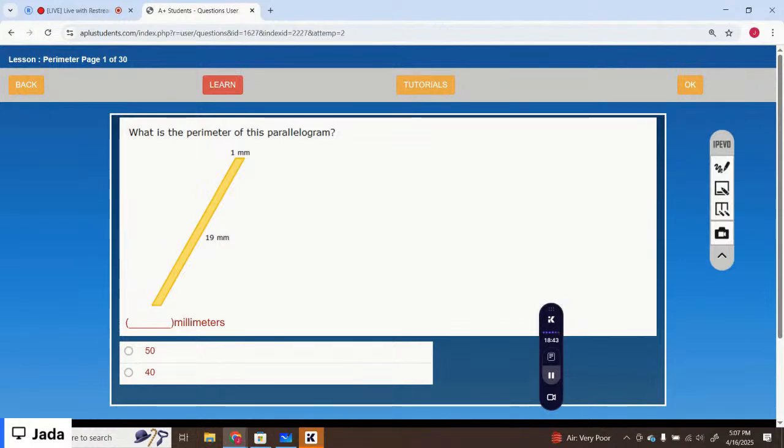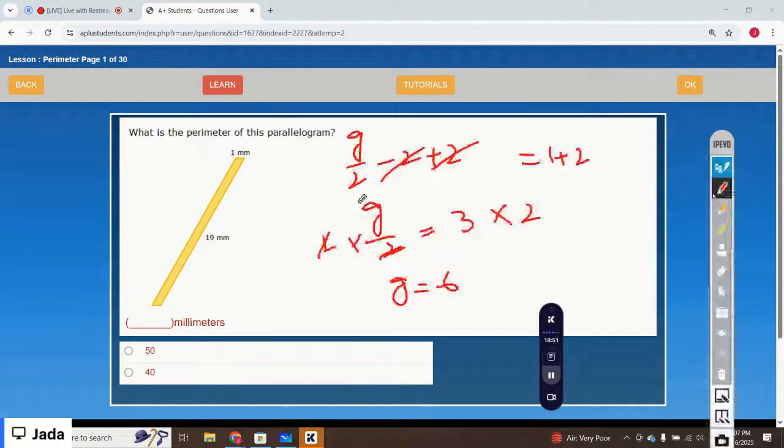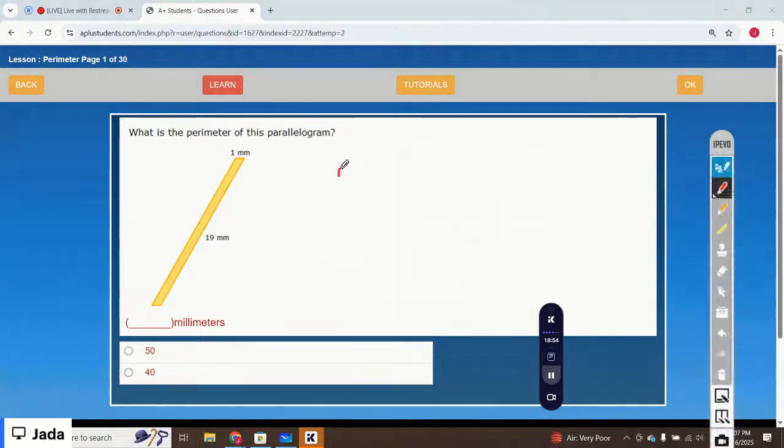What is the perimeter of the parallelogram? You need to add all the side lengths. So that is 19 plus 1 plus 1. So P equals 20 plus 20 equals 40. So the perimeter is 40 millimeters.